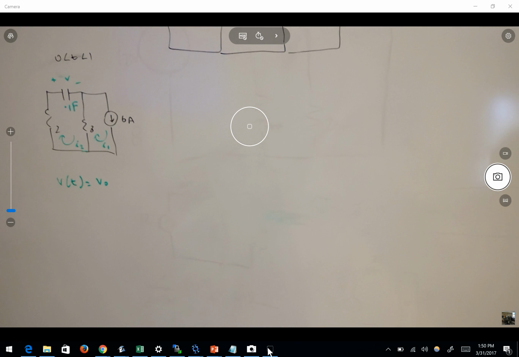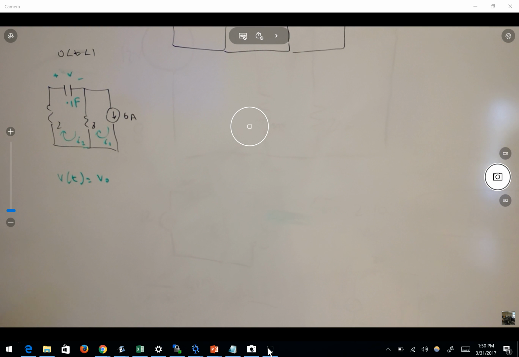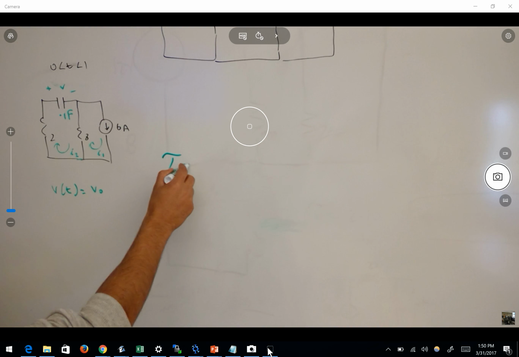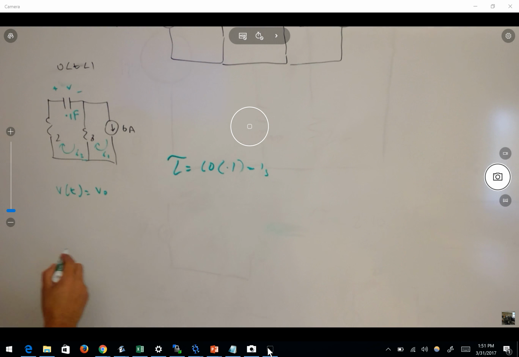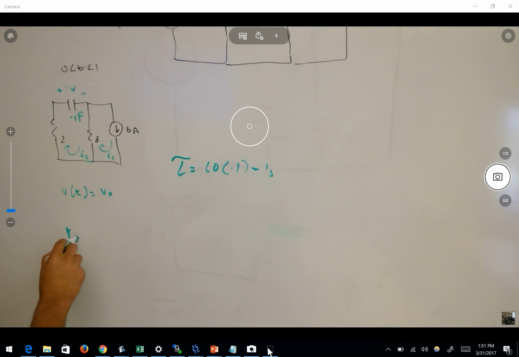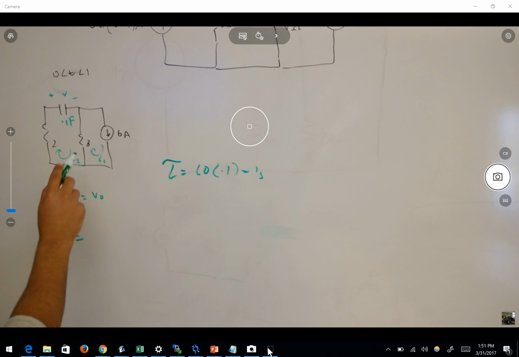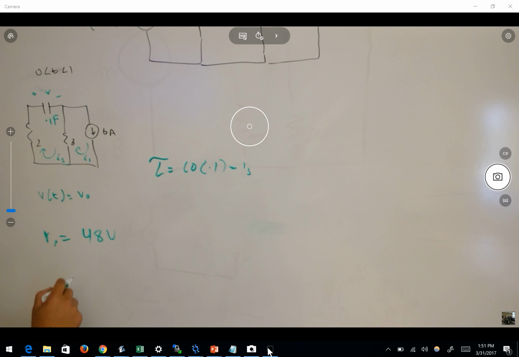So that means V final equals 48, and V0 equals 0.